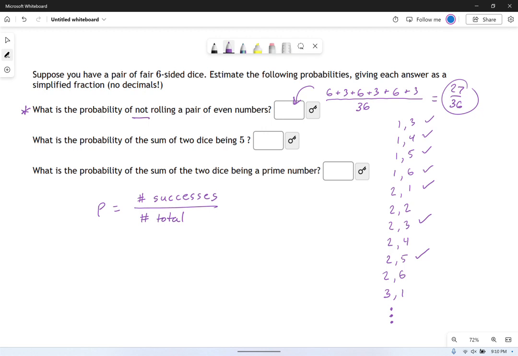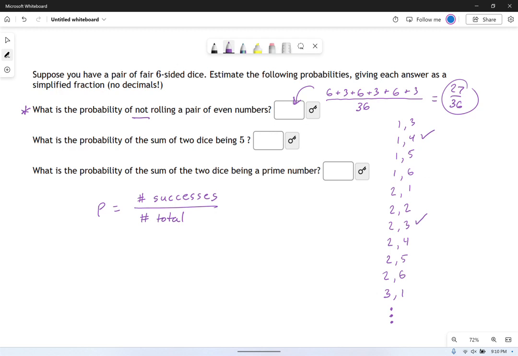Next one, what's the probability of the sum of 2 dice being 5? Well, let's scrap our probability chart over here and start over again. Again, we're counting successes. So sum of 2 dice being 5. Here's 1 plus 4. Next one is 2 plus 3. Next one is 3 plus 2, which isn't listed here.